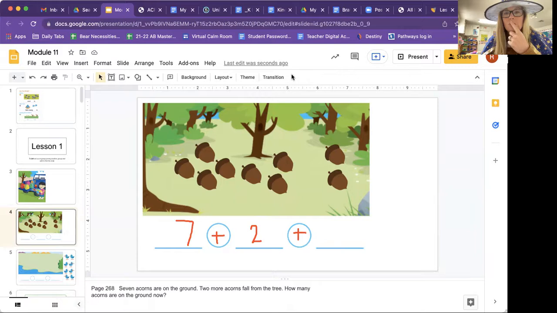Oh, equal sign. Like that? Yeah. 7 plus 2 equals, how many do I have all together? I'm not going to say. You count them and write it there. Awesome. All right.